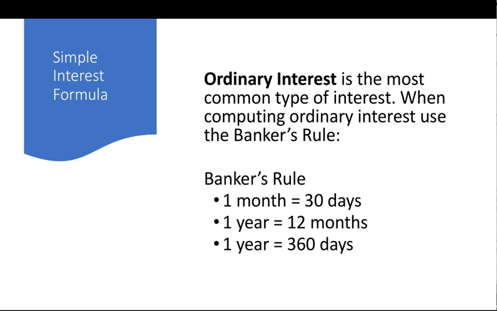I know not all the months are 30 days long, but for purposes of using that simple interest formula, we just say if it's 1 month, that's 30 days. 1 year is 12 months. And since 1 year is 12 months and there's 30 days in a month, there are 360 days in a year. That's just standardizing this information.